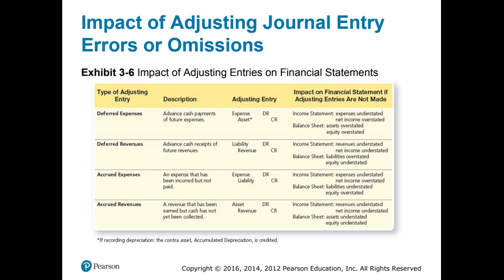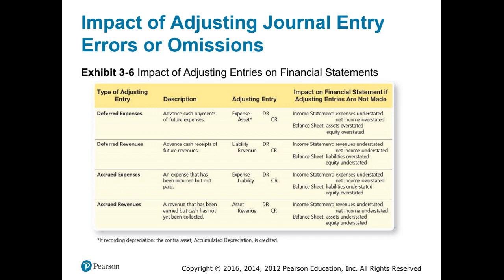If the adjusting entry is not made, your income statement expenses would be understated, meaning they would be shown as lower than what they are, and your net income would be overstated, showing that you made more income than you actually did. On your balance sheet, your assets would be overstated and your equity would be overstated.